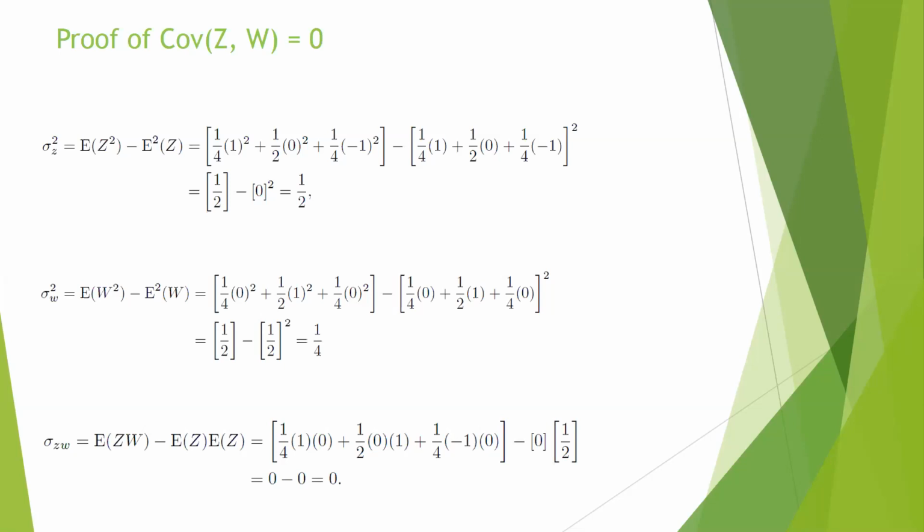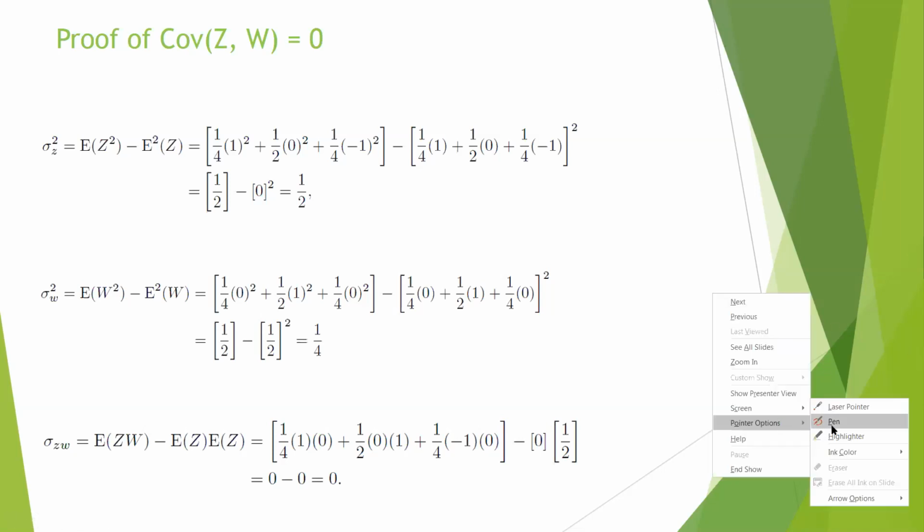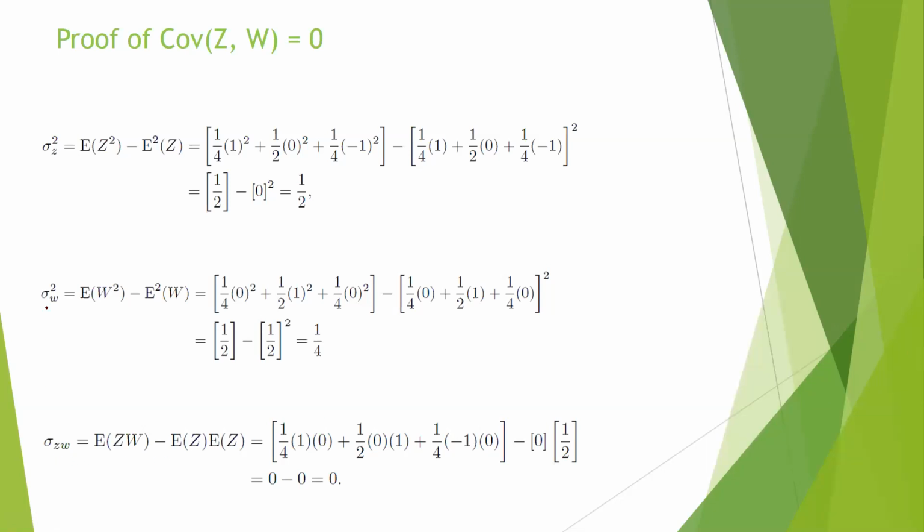And the frequency of the 3 genotypes in an F2 population is 1/4, 1/2, and 1/4. So only in this case we can have this situation. So the covariance between Z and W.